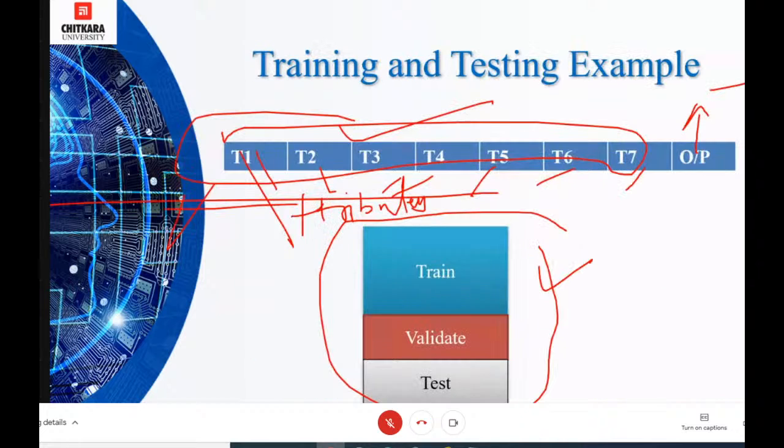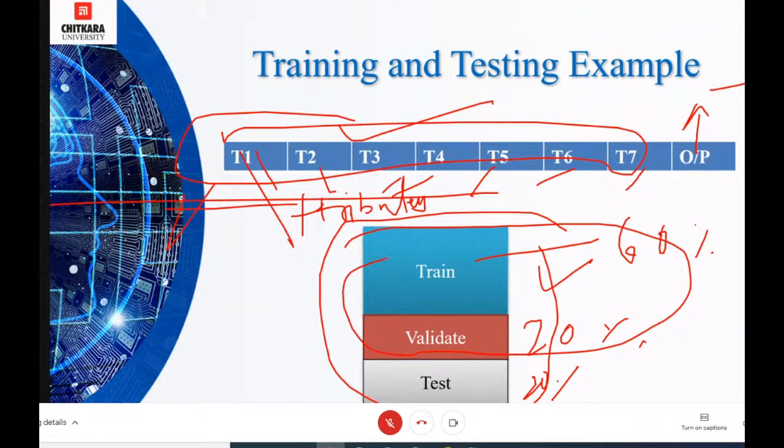Okay, and suppose that this percentage is 60%, this is 20%, and this percentage is 20%. So 80% of the data you can use for training and validation, and the remaining 20% you can use for testing purposes. You can also use 70% of the data for training and 30% for testing.